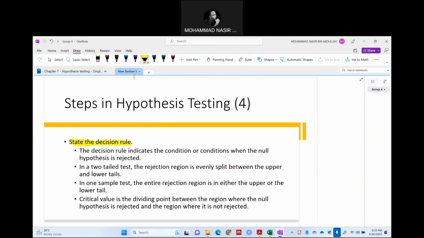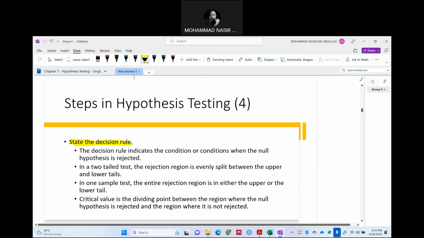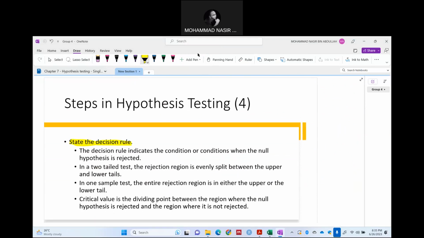but to state the decision rule, we need to calculate the critical region. Remember the critical region? I already mentioned it just now. Let's look at this distribution. The critical value divides between the rejection area and the acceptance area. So we will calculate the critical value and determine the critical region.